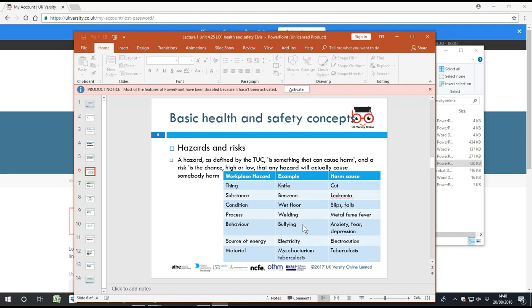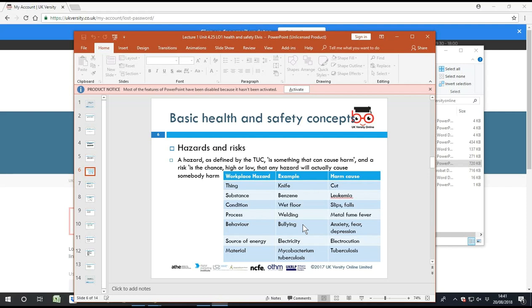If you consider behavior as a hazard, a typical example could be bullying. And even though bullying might not result in physical harm, you might tend to have psychological harm in terms of anxiety, fear, and depression. A source of energy is another kind of hazard in the workplace.